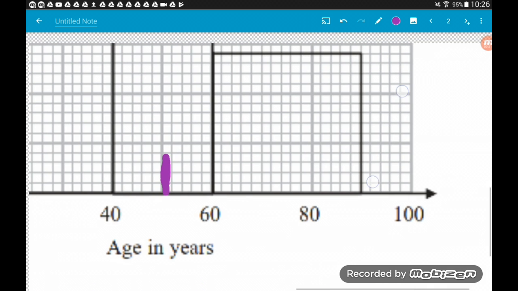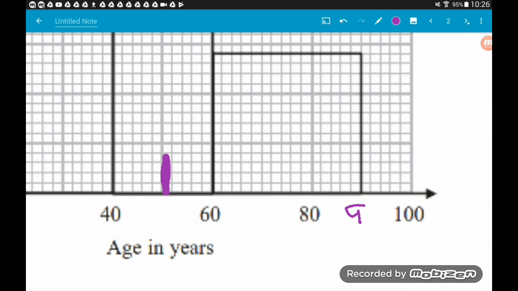First I'm going to work out the area of this whole bar at the end, which would be 60 up to 90. So the interval width of this bar is 30.